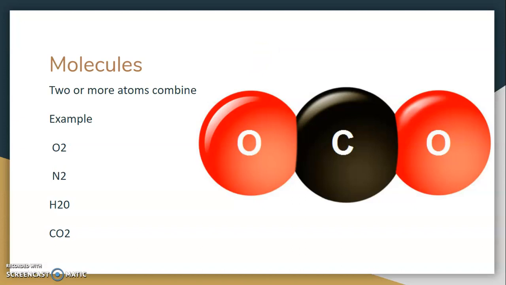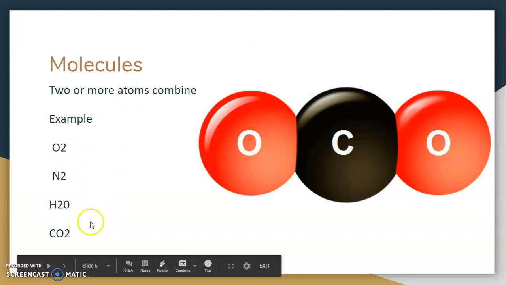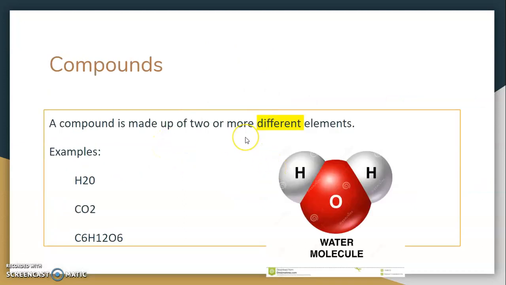So for example, O2, N2, H2O, CO2, okay? It's just 2 or more atoms of anything. It can be the same element, like O2, or it can be different elements, okay? What are compounds? The difference between molecules and compounds is that compounds are made of 2 or more different elements.